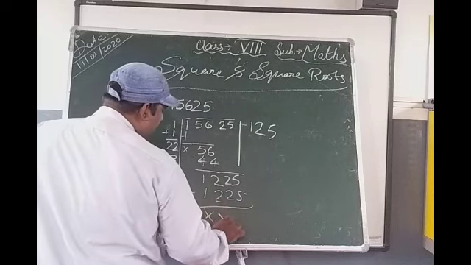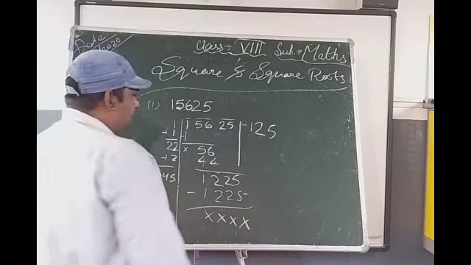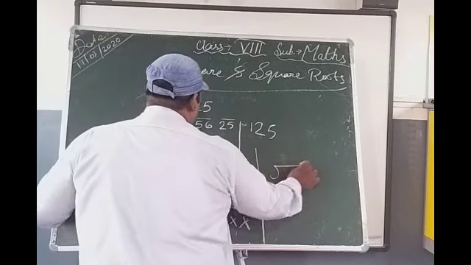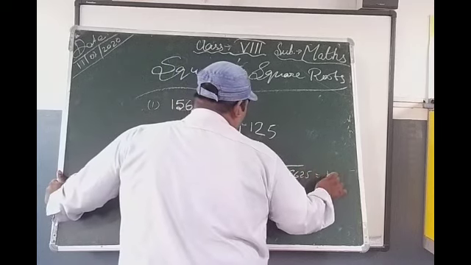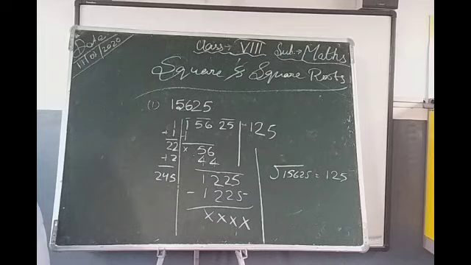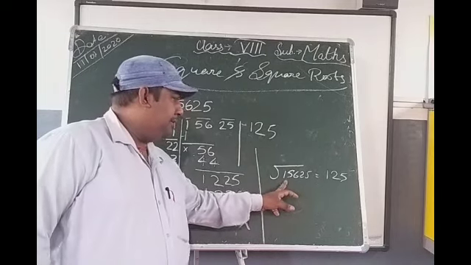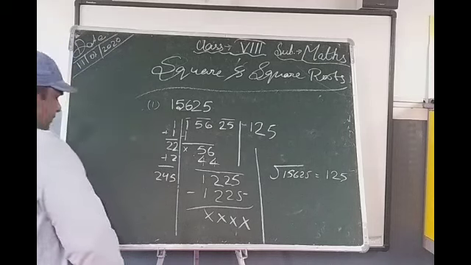And finally we have got our result: the square root of 15625 is 125.